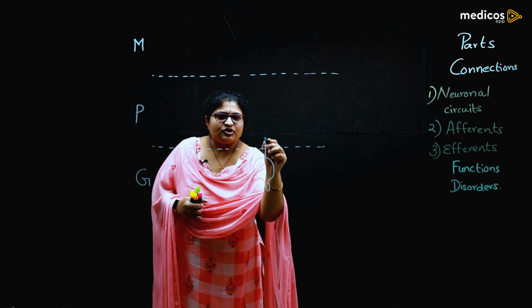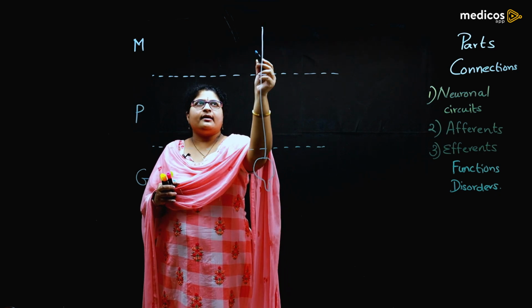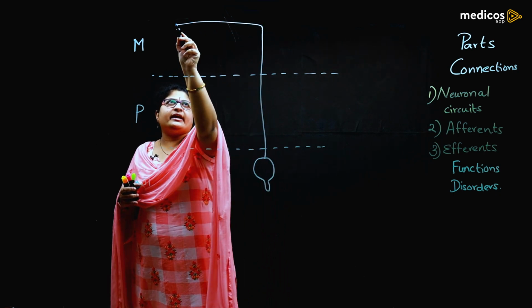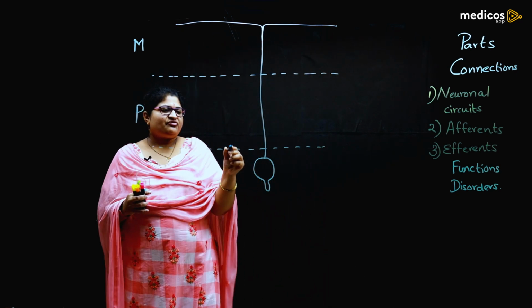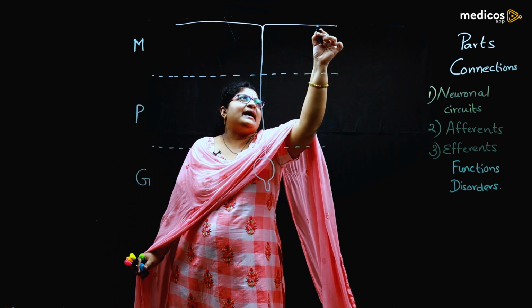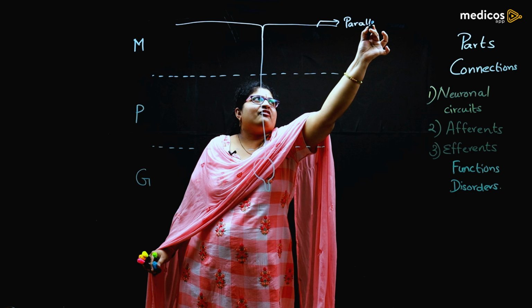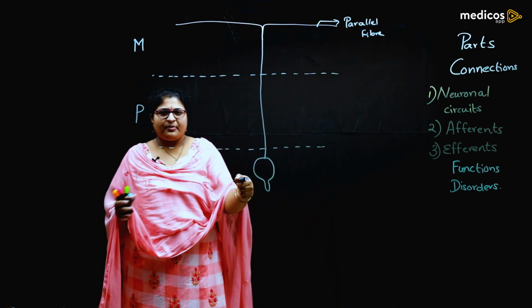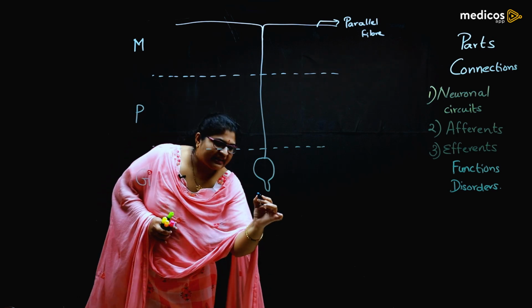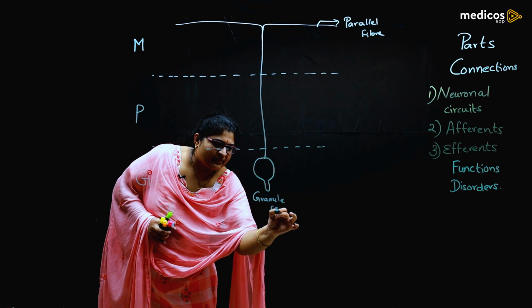And this is the axon of the granule cells which ascend up above the molecular layer and it bifurcates in a T-shaped manner. So these fibers are called parallel fibers. So they are parallel fibers formed by the T-shaped bifurcation coming from the axon of the granule cell itself. Okay.